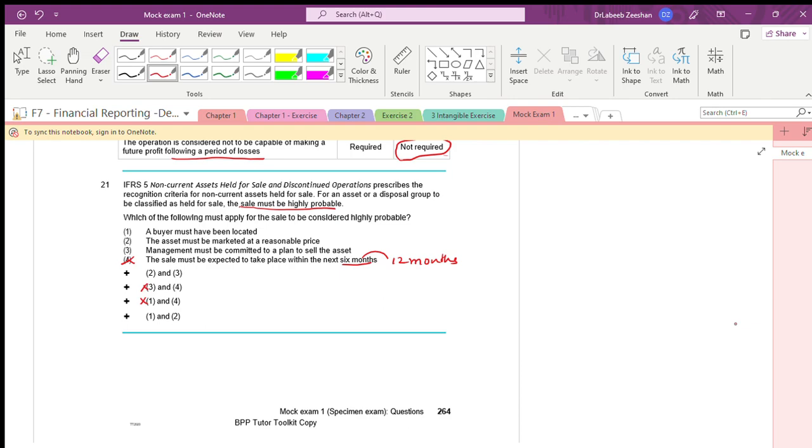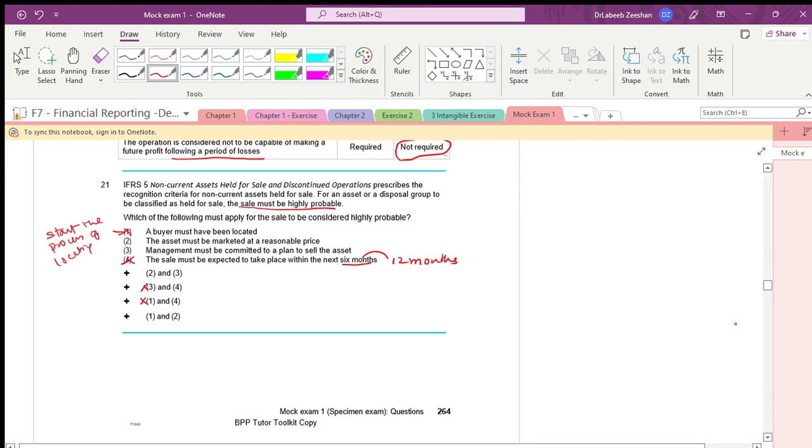You have to start the process of locating, identifying a buyer. It does not mean that the buyer is already there. You have to start the process. Is it right? So this is also not there.